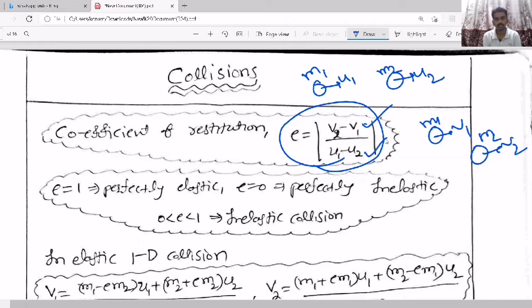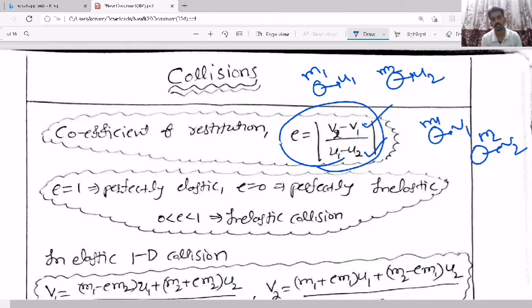Then the next thing you need to understand is that a collision is of two types, either elastic or inelastic. In any kind of collision, the common condition in both cases is that the linear momentum of the system is conserved. That means the total linear momentum of the system before collision and after collision must be the same.